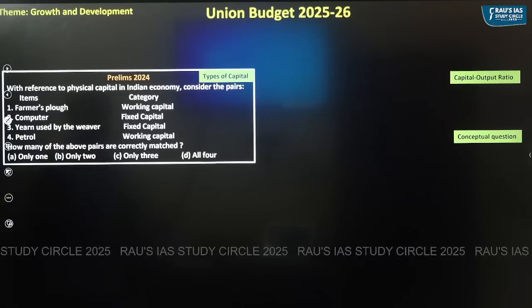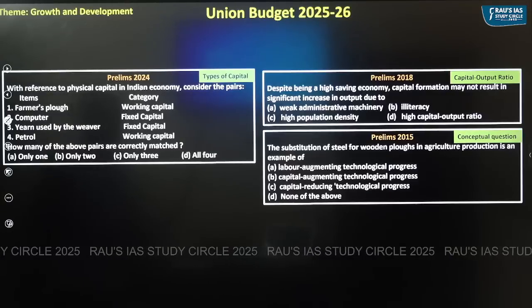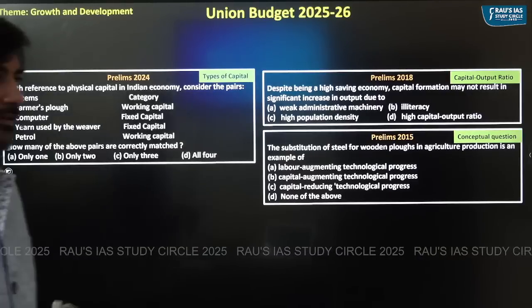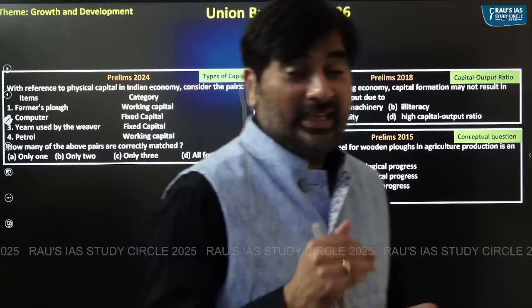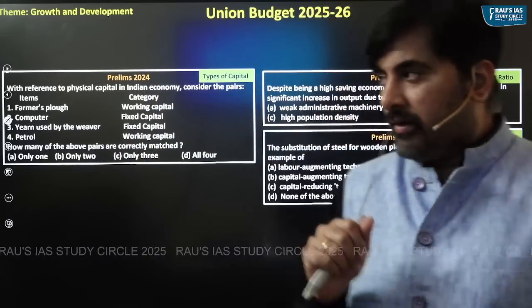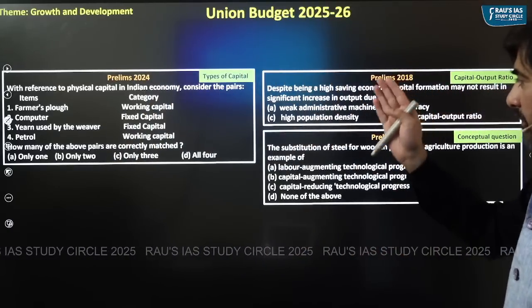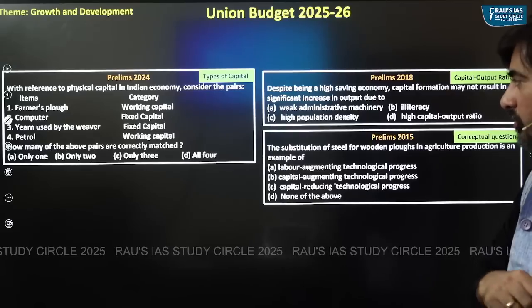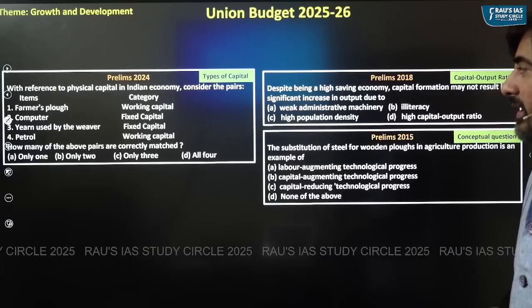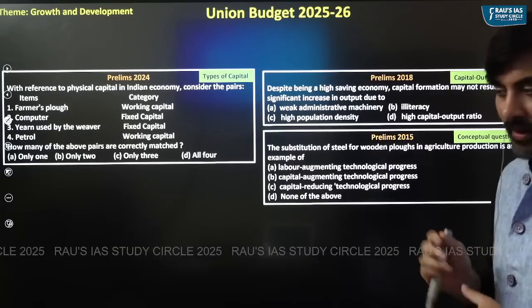Coming to the next one about capital, which is gross capital formation, investment. Can you see here that in prelims 2024, there was a question with respect to different types of capital.